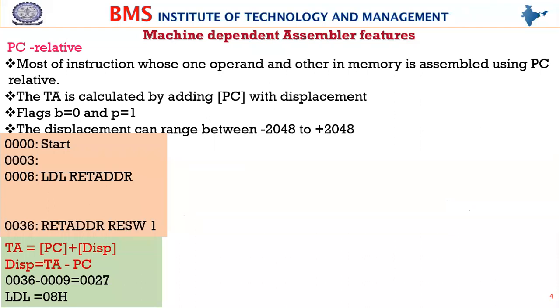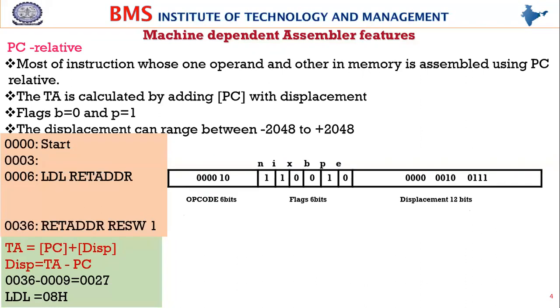So for that reason, the last 2 bits of your opcode should be truncated. Observe the example, you can understand. The opcode of LDL is 08. So this is what we have got.